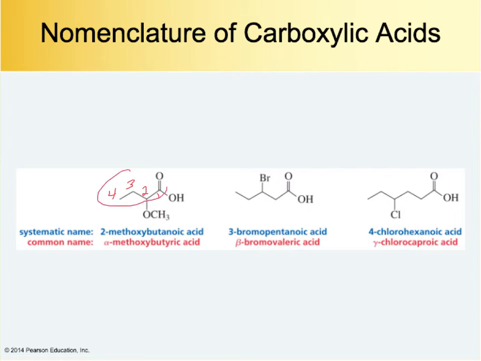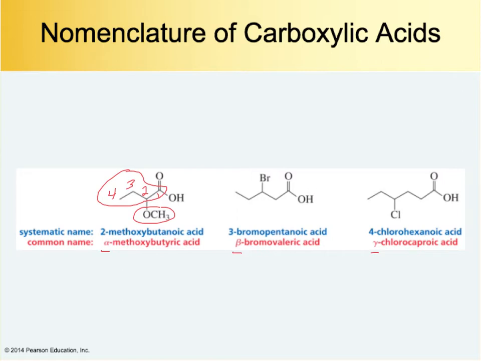It's an acid, so butanoic acid, that's the carboxylate part, and off the second carbon is a methoxy. The common name could also be alpha methoxy butyric acid, but I'm not going to put a lot into that. Do understand where alpha, beta, and gamma are and what positions they are. But if I gave you this name or this name, you should be able to draw the structure. Hopefully that makes some sense.